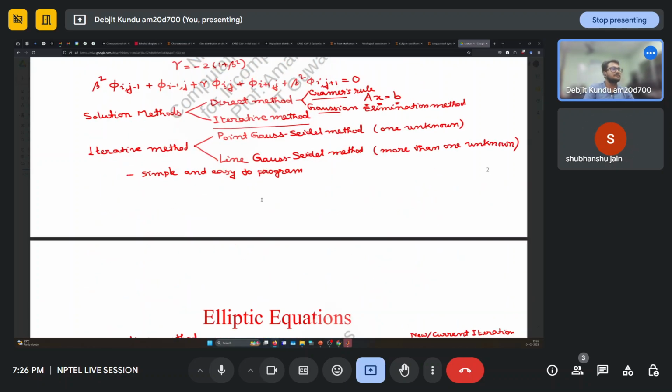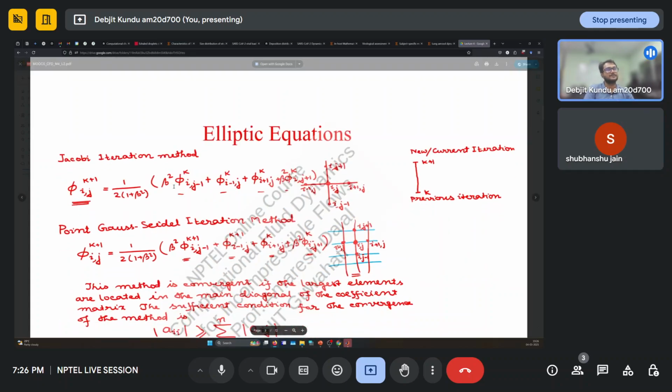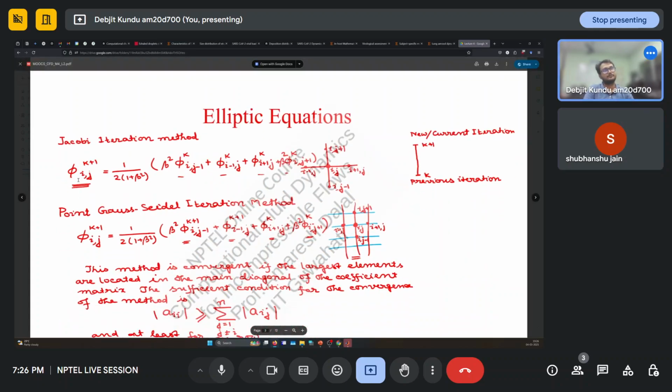Yeah. So starting from that equation, I have to now find out phi i,j, right? If I know all the values at k, the known iteration, the previous iteration, as you can see here, so all the values at k are known.